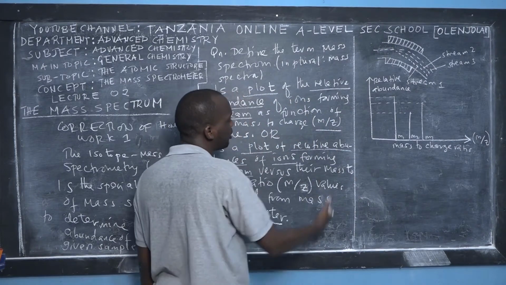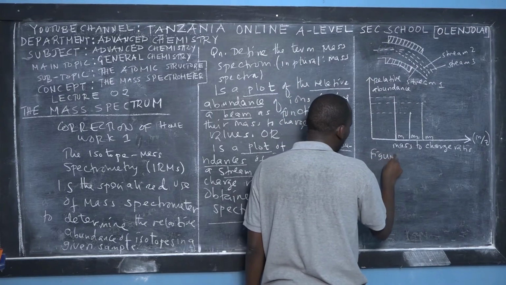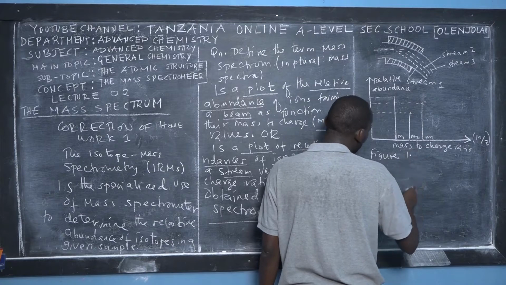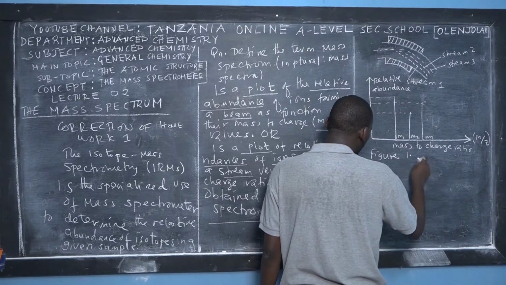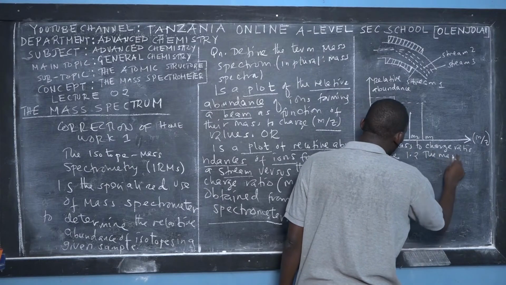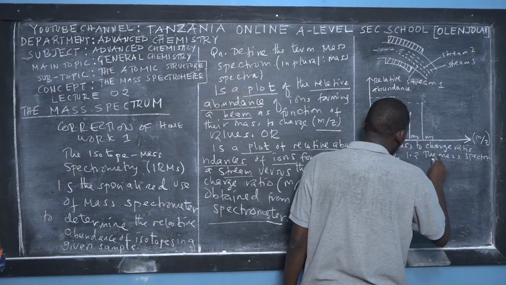So this is what we call a figure, figure 122. Then we call it the mass spectrum. So this is what we call a mass spectrum, not mass spectrometer.